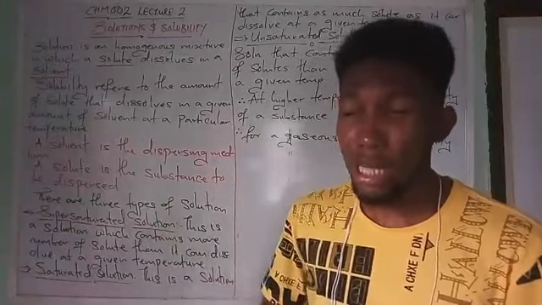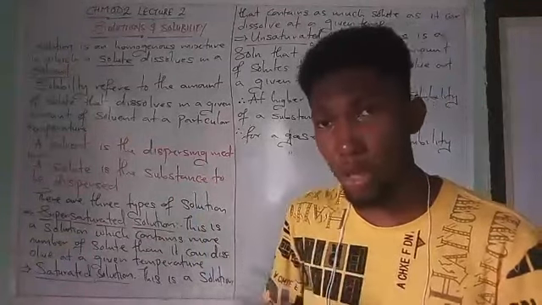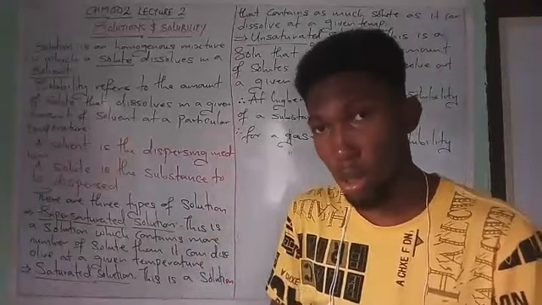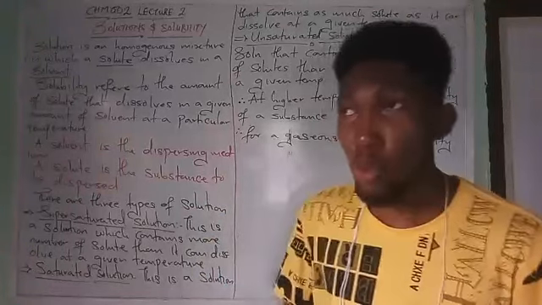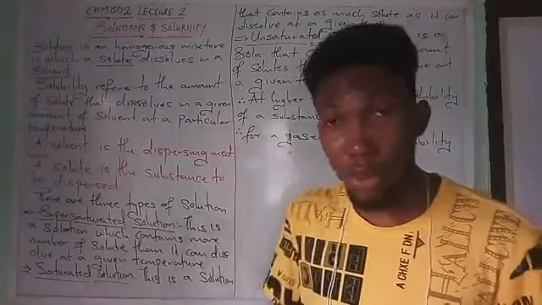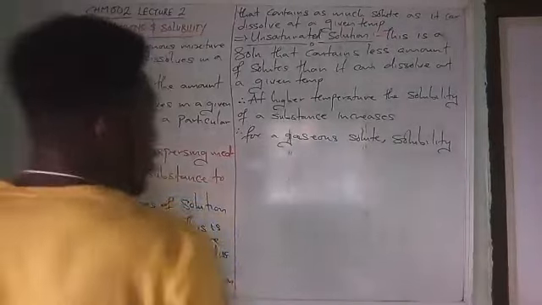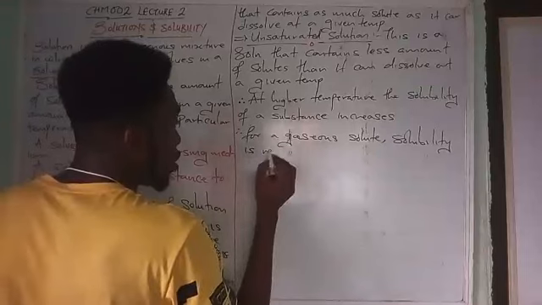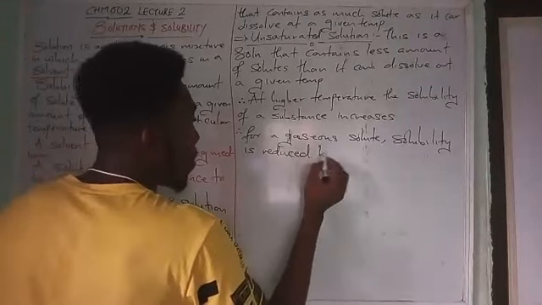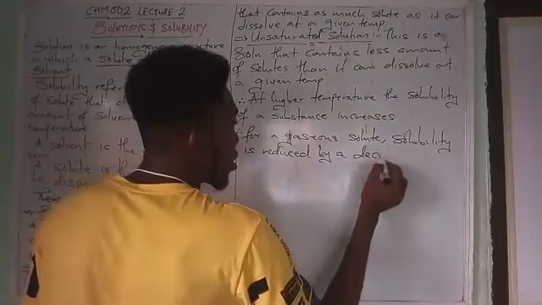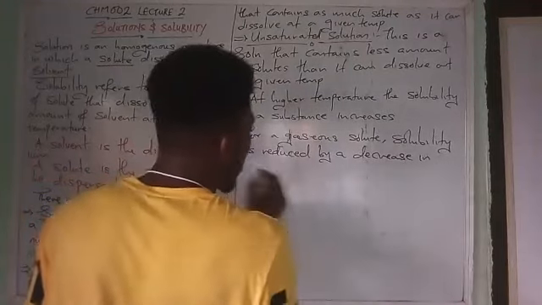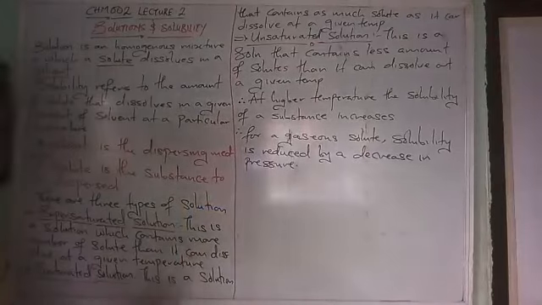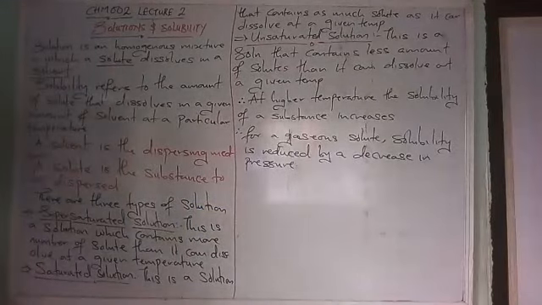So meaning that once you reduce pressure, because opening the Coke means you reduce the pressure inside, for a gas system, solubility reduces. So solubility is reduced by a decrease in pressure. Meaning that at higher pressure, you have high solubility. That's just what it means.